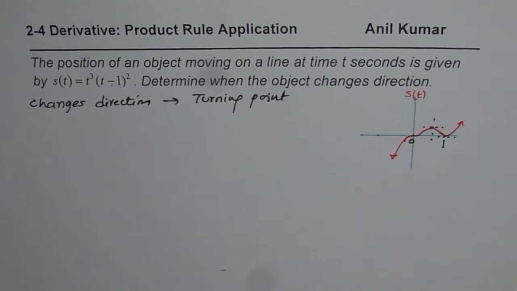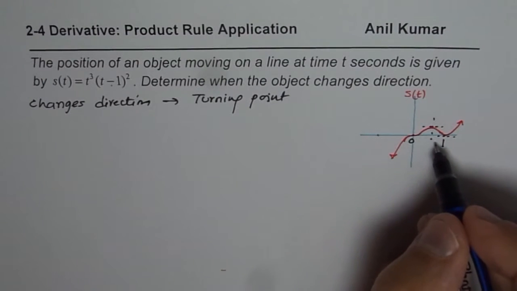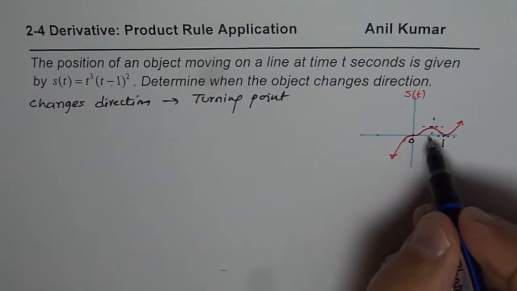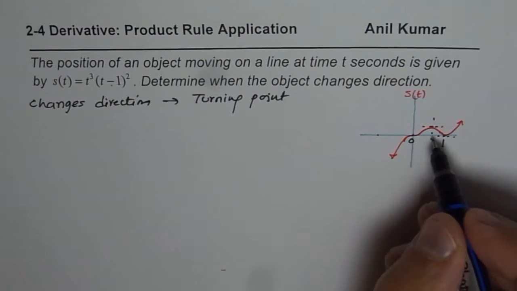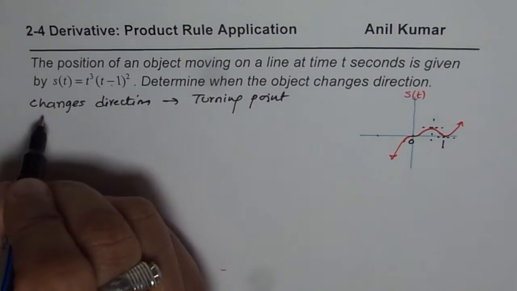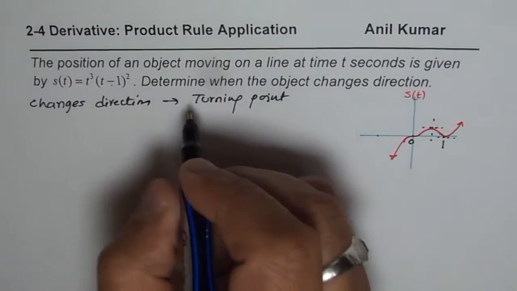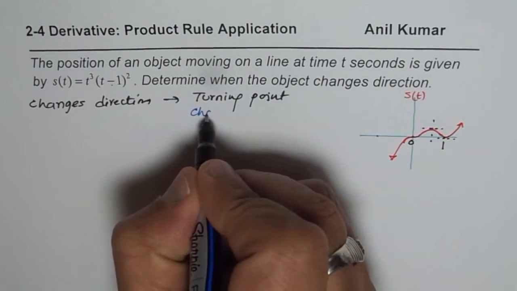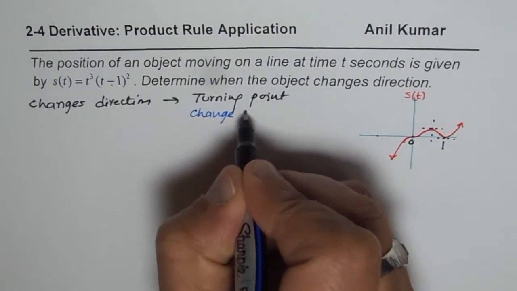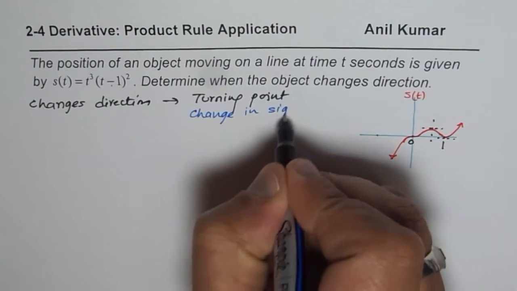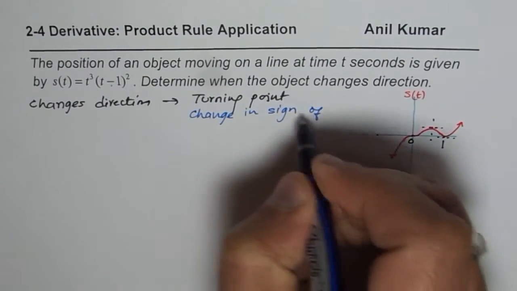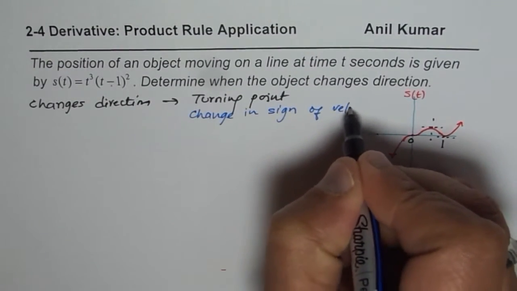Another thing which you need to understand is that when the direction is changed, the sign of velocity changes, right? So changing direction means a turning point, and also a change in sign of velocity.